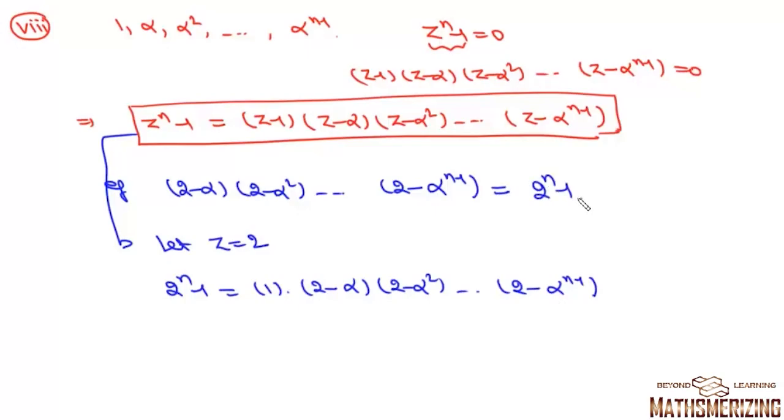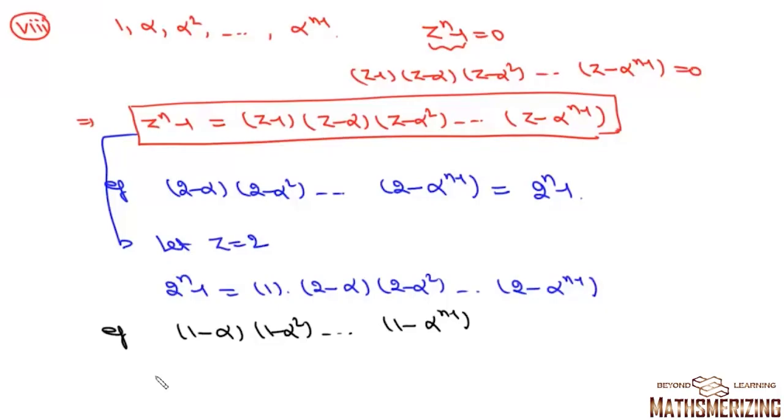Another question which is generally asked in this is to find the value of 1 minus alpha, 1 minus alpha square and so on up to 1 minus alpha to the power n minus 1. Now here we cannot put z as 1 because here left hand side will be 0 and right hand side will also be 0. So we'll end up getting a trivial result.